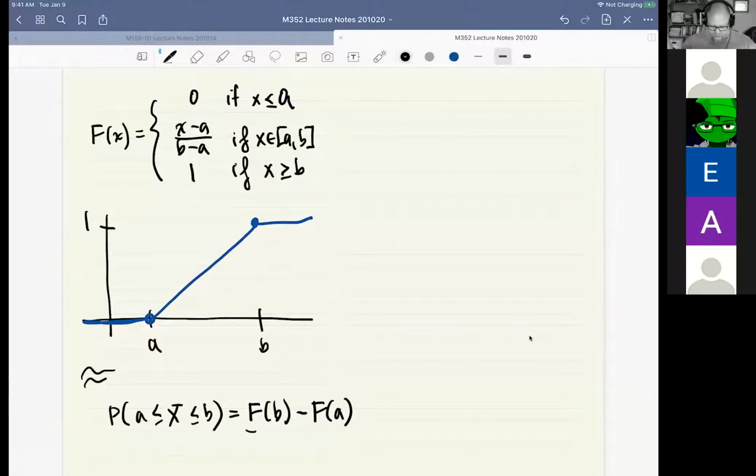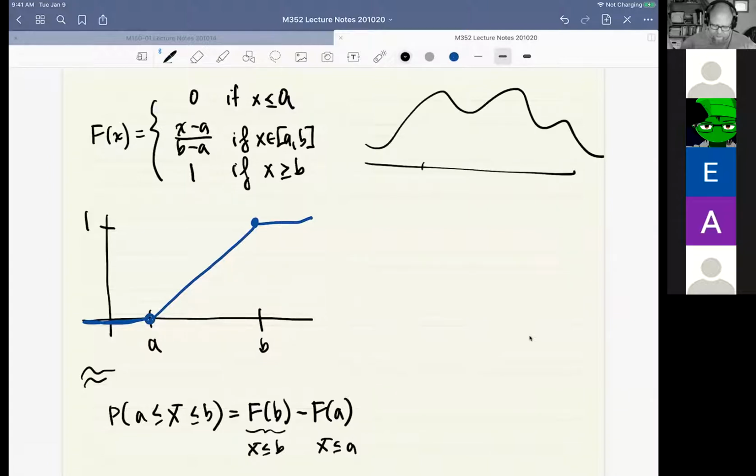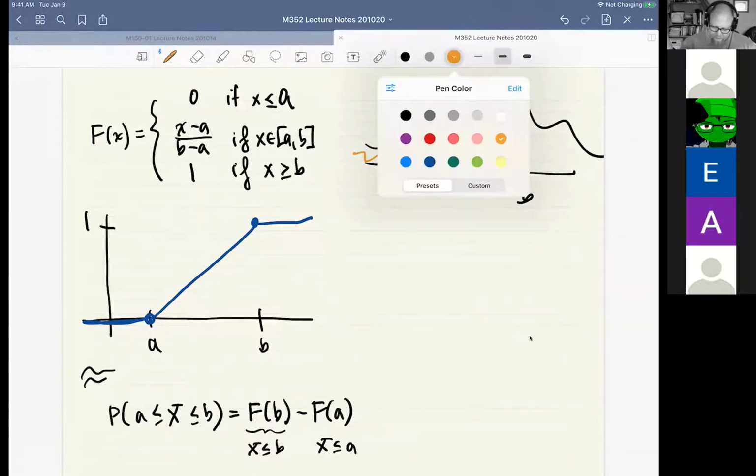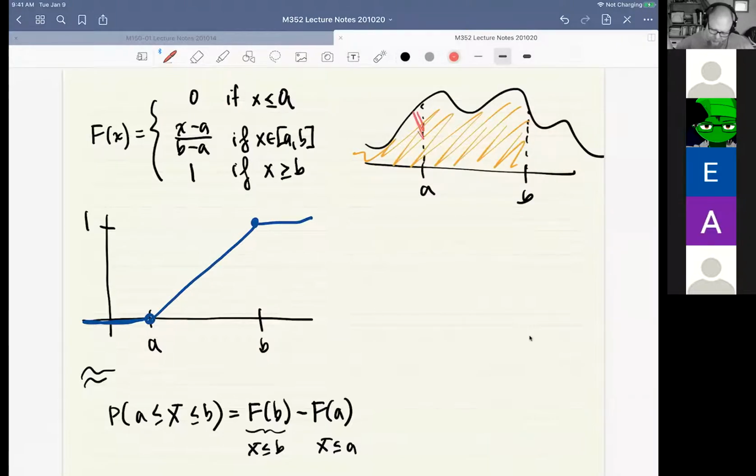Because this here is the area below B, this here is the area below A. And if we look at something like this, here's A, here's B. If you look at all the area below B, if it's orange, and then you subtract from that the area that's below A, you just get the area between A and B.